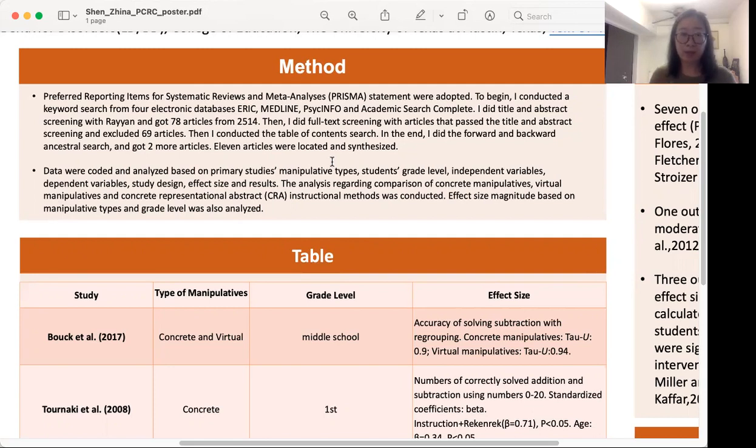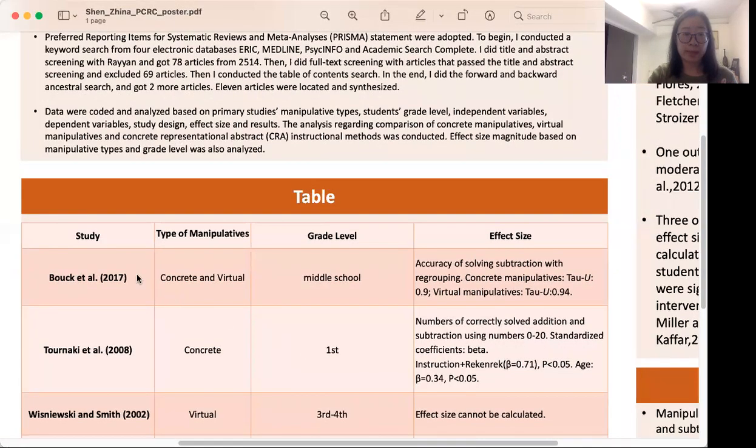The potential moderator of grade level was also analyzed. My coding sheet is very long, so I didn't present it here, but in this table I'm giving some studies' authors' names, the types of manipulatives, the grade level moderator, and the effect size.